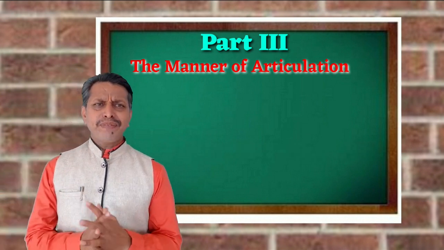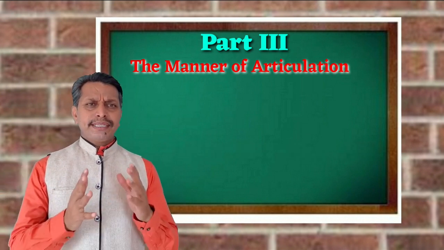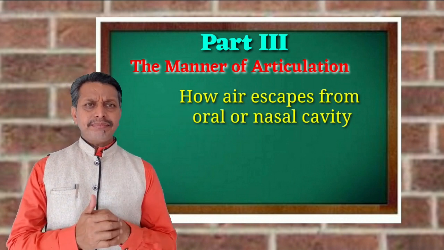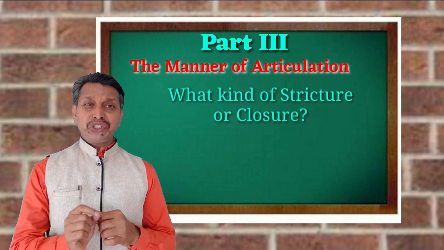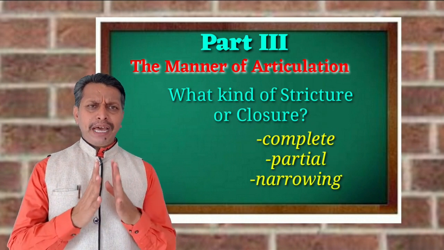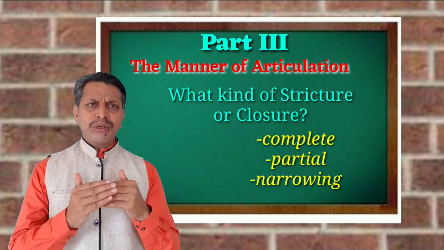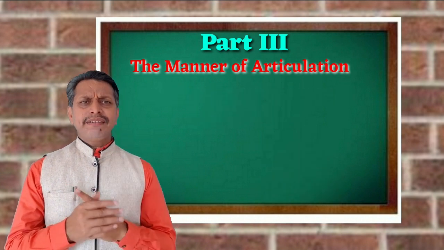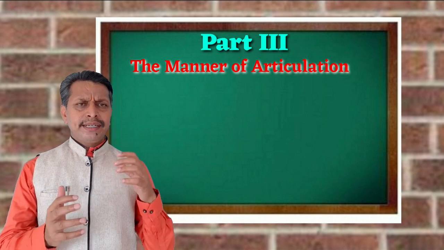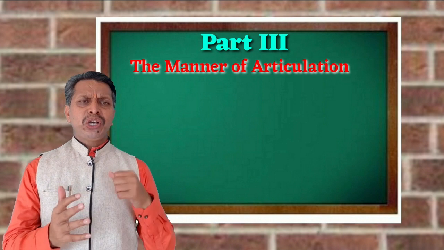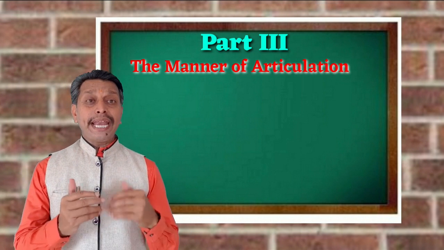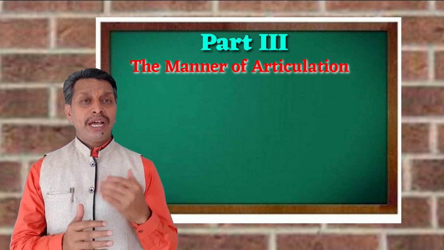As far as the manner of articulation is concerned, it means how air escapes, what kind of structure, what kind of closure, whether complete closure, whether partial closure or whether narrowing. This is one thing in manner of articulation, where we are going to study the type of structure or closure, as well as how air escapes through the oral or nasal cavity.